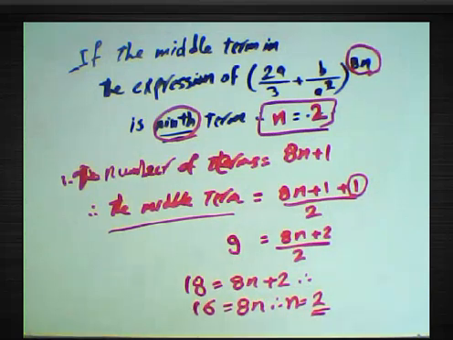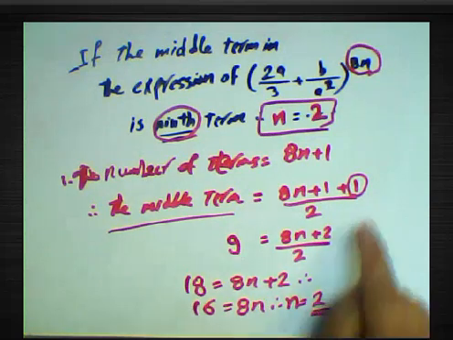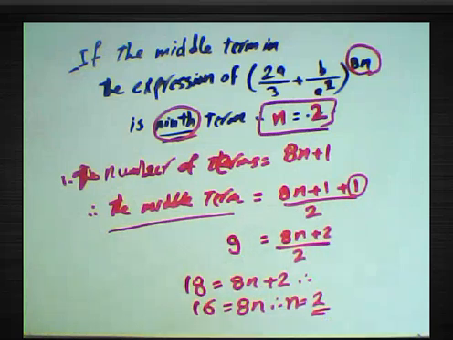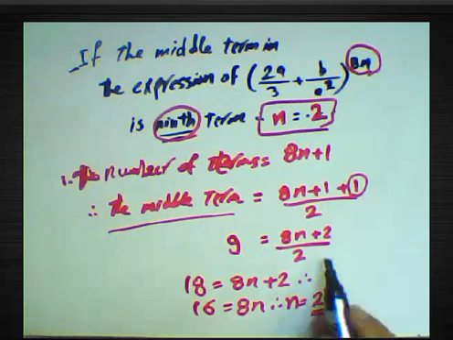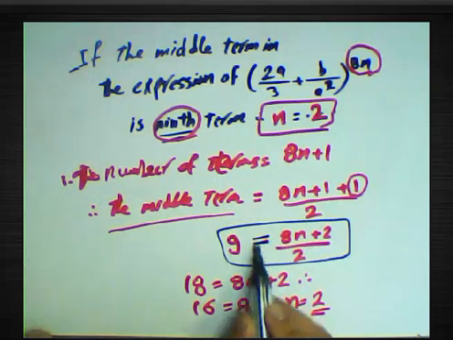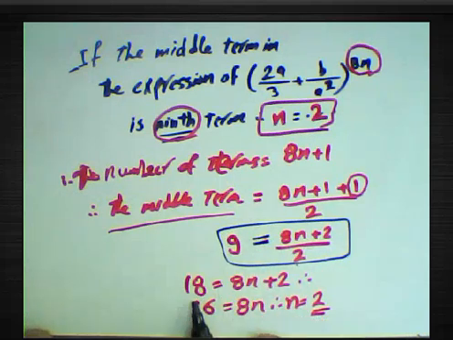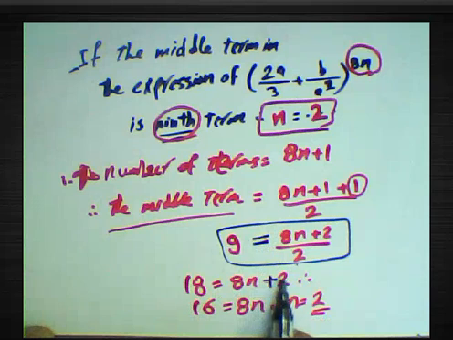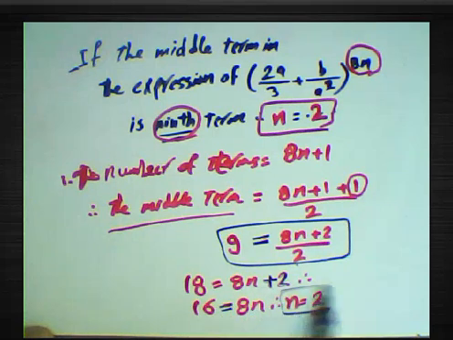The middle term is 9. Then 9 equals (8n plus 2) over 2. And then we can do cross multiplication. The product of extremes equals the product of means. 2 times 9 equals 18. 18 equals 8n plus 2. Then 16 equals 8n. Then n equals 16 divided by 8, equal to 2.